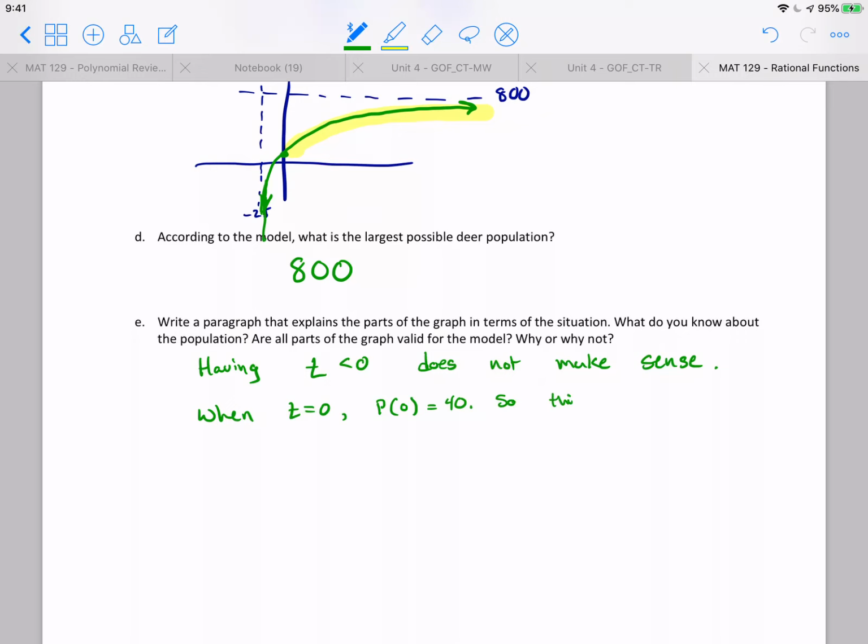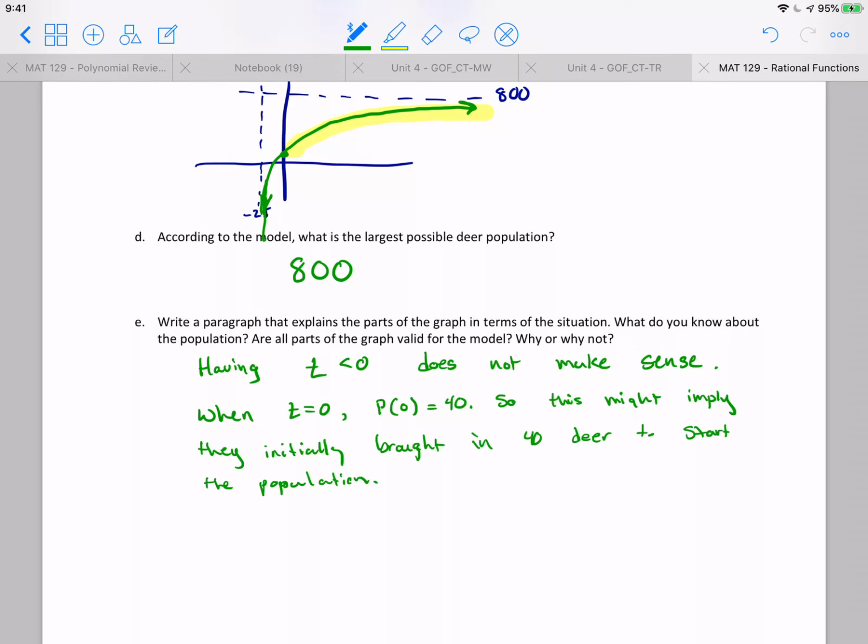So this might imply they initially brought in 40 deer to start the population. Or maybe just when they formed the game reserve, there were just 40 already there or something. We don't really know for sure. But it's worth noting that there was some sort of starting value of 40.